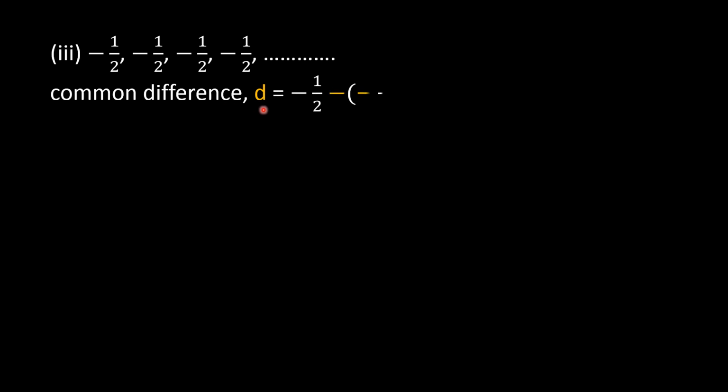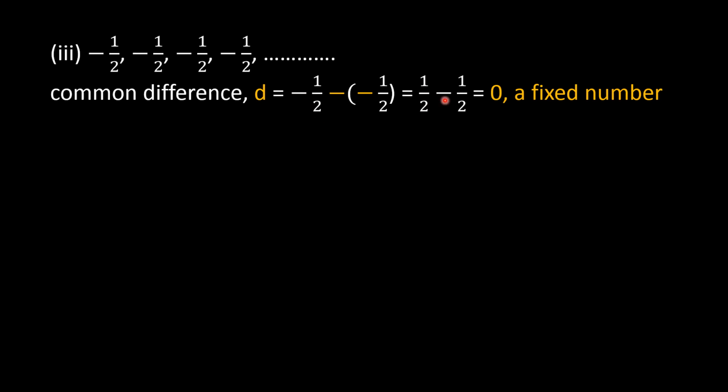The next list of numbers is minus half, minus half, minus half, minus half, and so on. In this case, the common difference D is minus half minus of minus half, which will be plus half, minus this half.